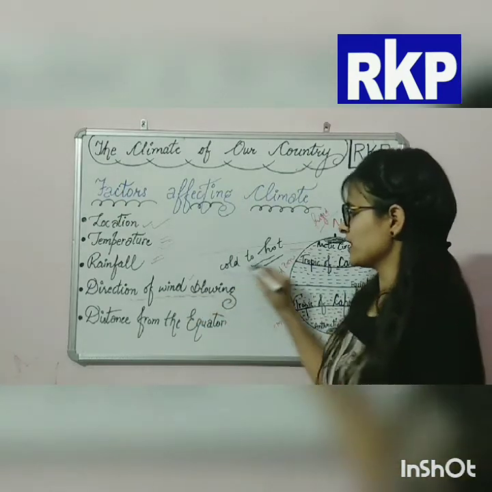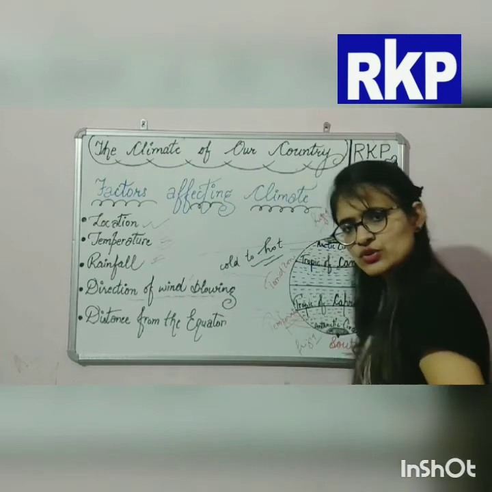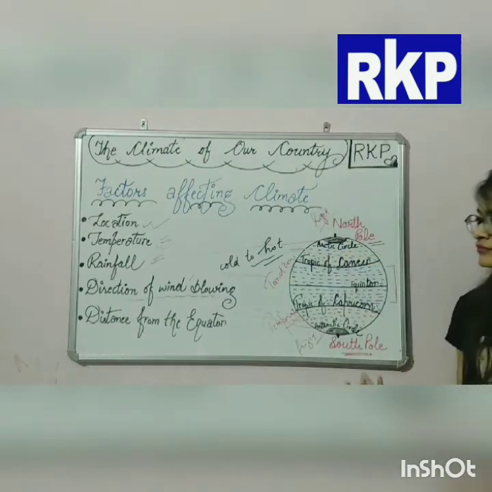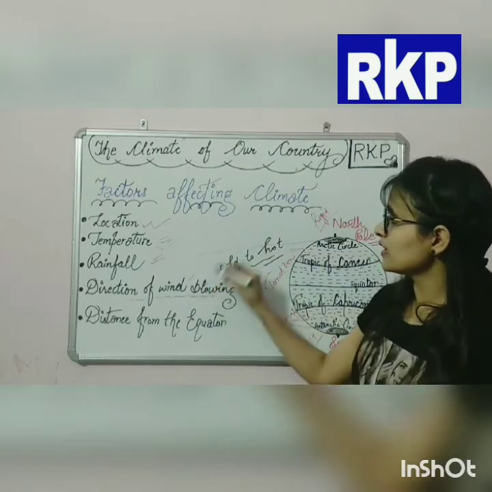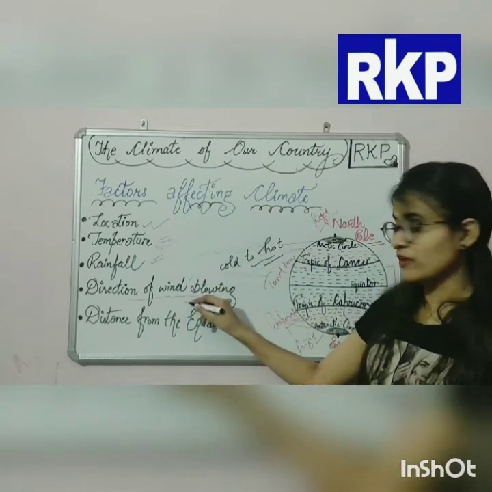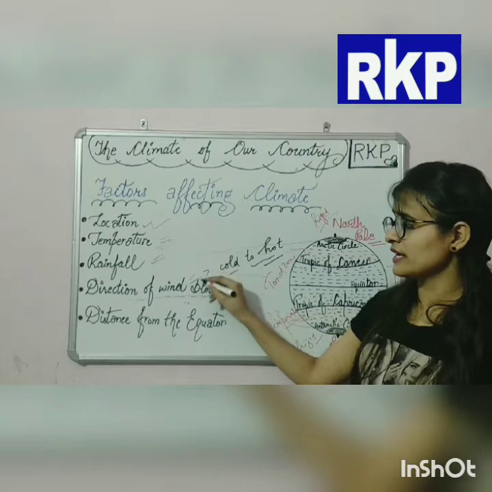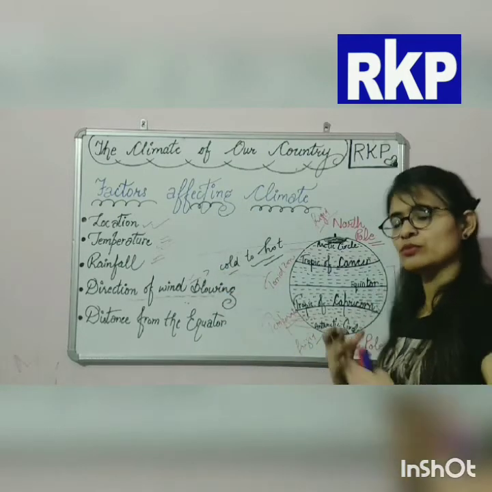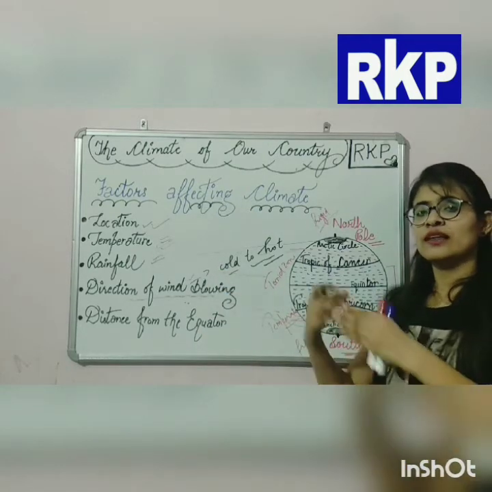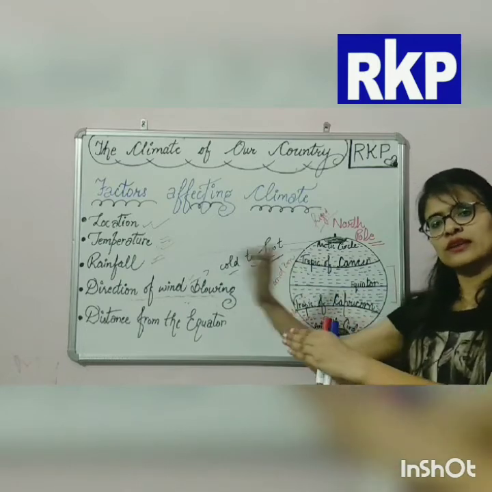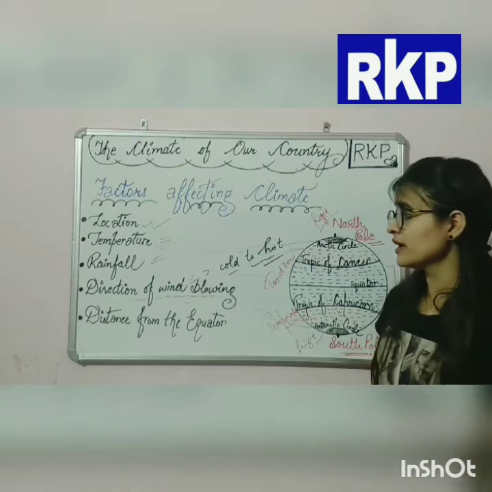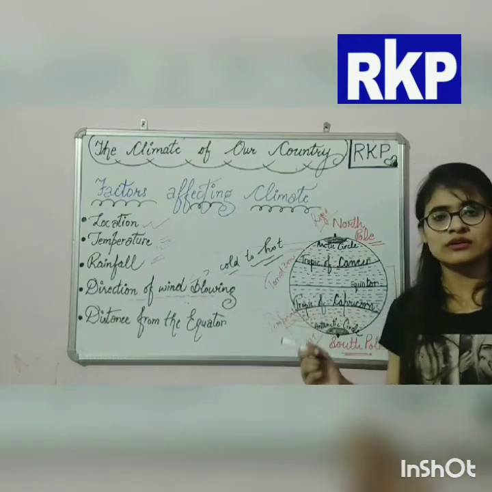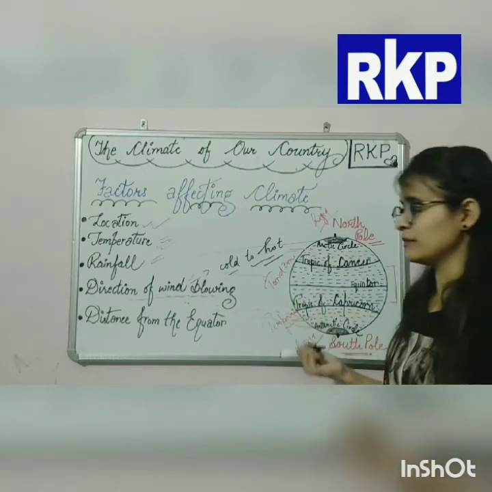If winds are blowing at any place, then obviously the climate is also changing. This is affecting the climate. Why? Because at the cold area it starts to blow fast, and then it goes to hot, like this. Cold, then hot, hot, and the hottest. Then we can know about the temperature or climate.